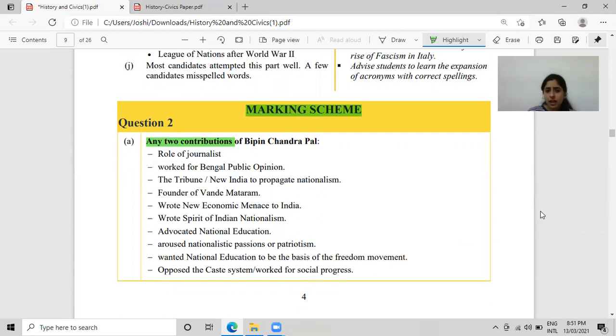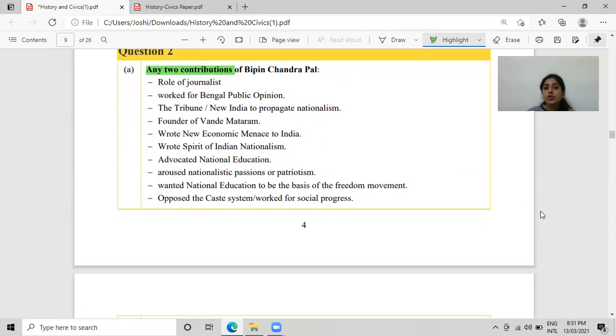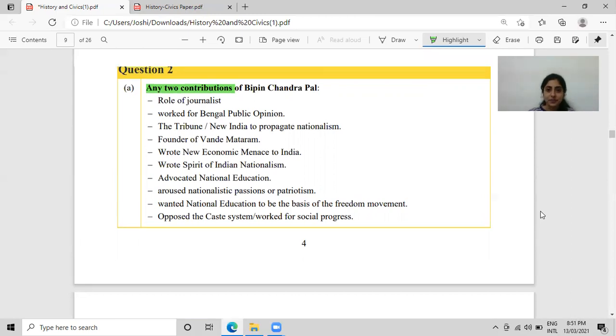As you can see, students, I have highlighted because in this ideal answer, they have given all the contributions of Bipin Chandra Pal. But it is on you to mention any two contributions. For example, as a student, I will write down his role as a journalist and that he worked for Bengal Public Opinion. Two contributions mentioned, 2 marks given for this question.